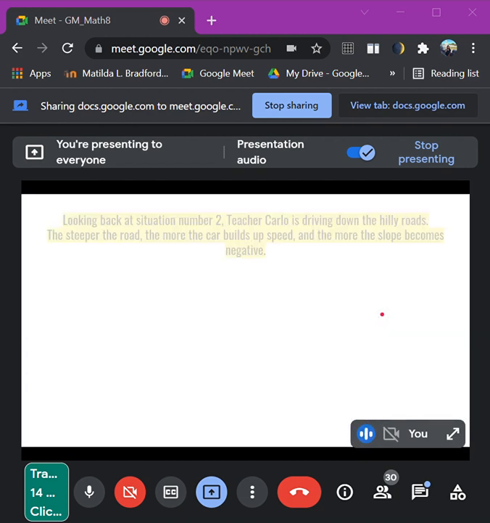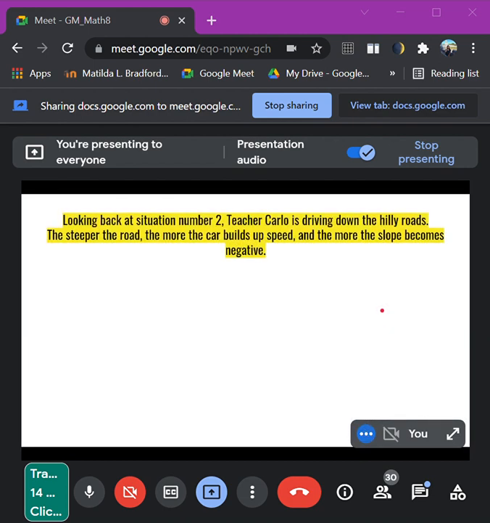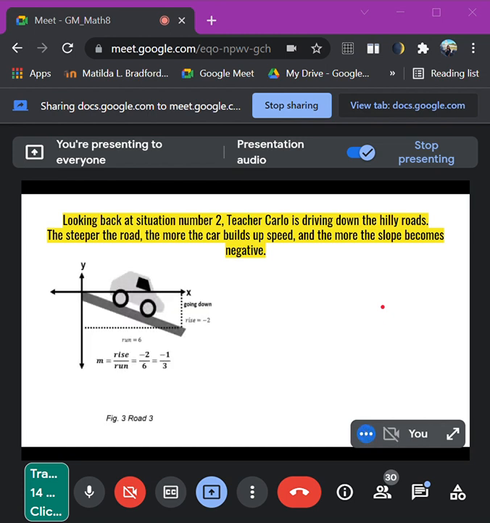Okay? And now for our next, figure number 3. So, this one goes downward, down the hilly roads. So, you have there, we still use the rise over run. So, don't forget which one is the x, class, and which one is the y.